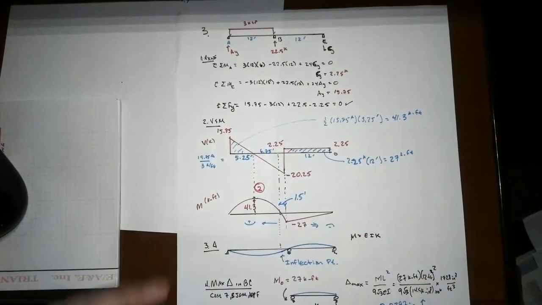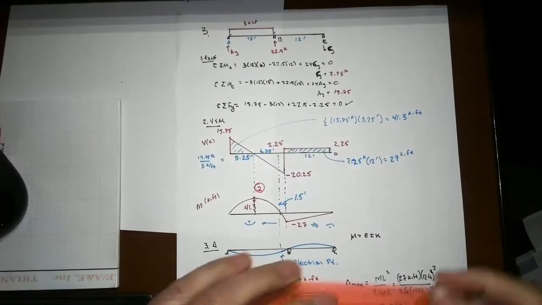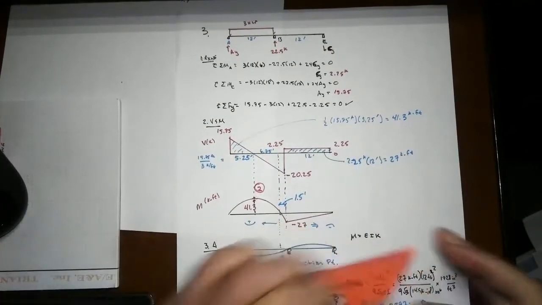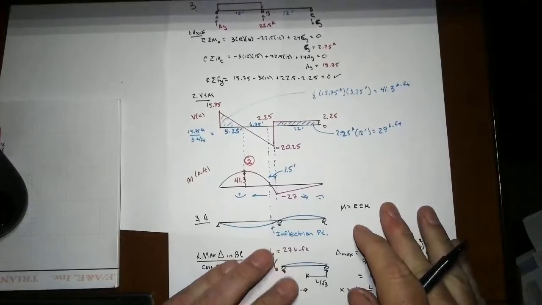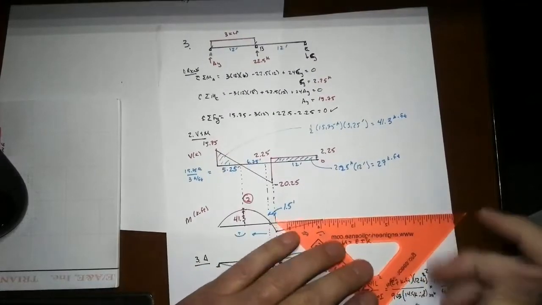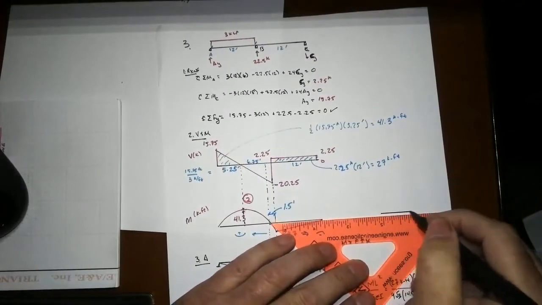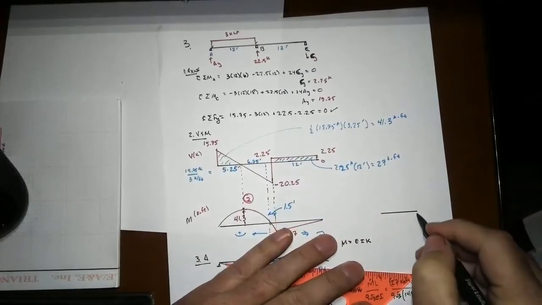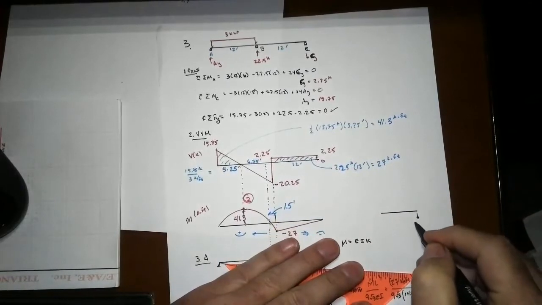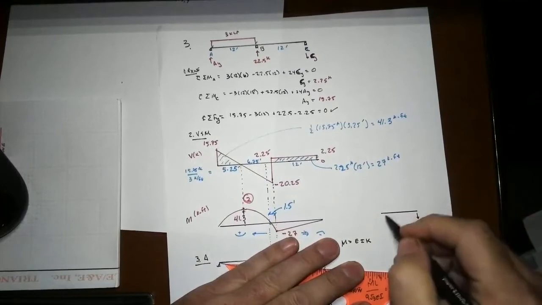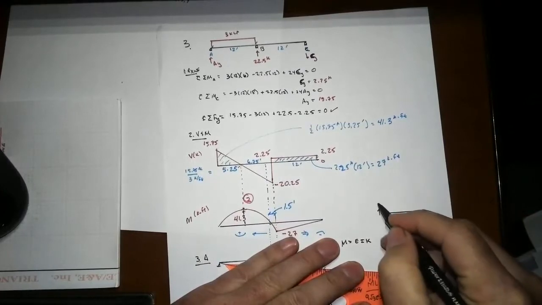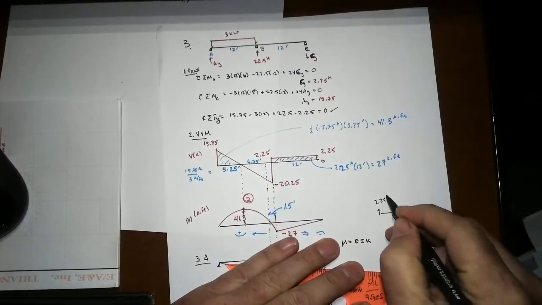Now, the other thing you could have thought about doing if you wanted to was to effectively do the free body diagram that you're going to see down here. But let's just pull it off to the side. And you'd have the reaction, CY, that was 2.25 kips. And you have a shear over here that's positive at 2.25 kips.